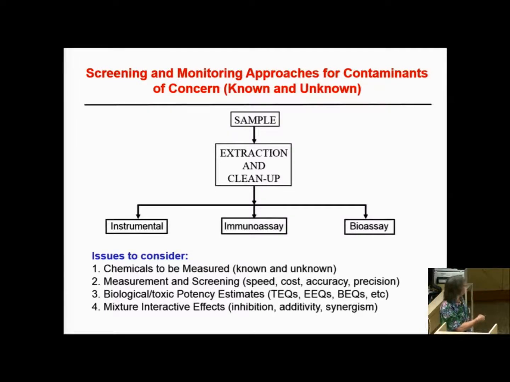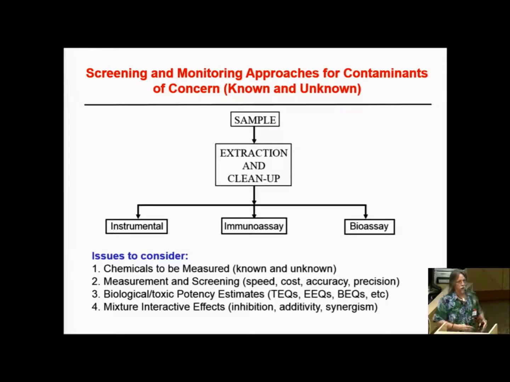Each of these has advantages and disadvantages. Instrumental methods are great in that they let you know exactly what's there and how much is there. The limitation is that instrumental is great for finding what you're looking for, but doesn't help you find what you're not looking for. Chemicals can produce effects, but if you're not looking for them, you're not going to find them by instrumental, with the exception of new methods for non-target analysis, but that doesn't provide you with any toxicological or biological information.